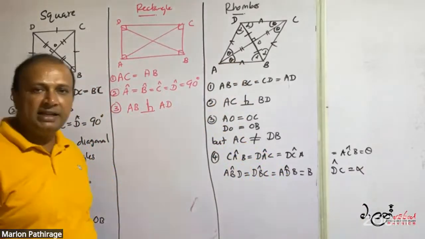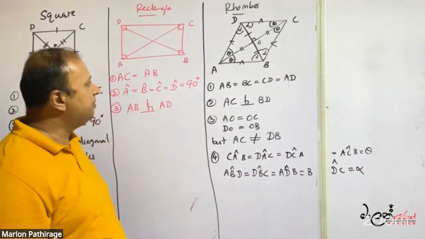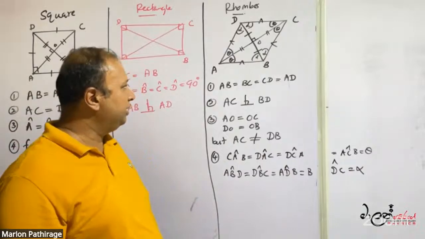That means the vertex angles are bisected by the diagonals.